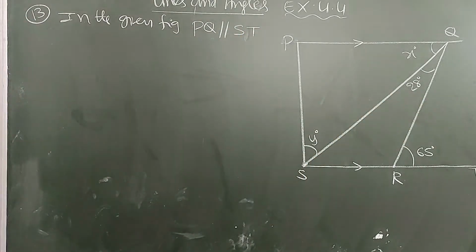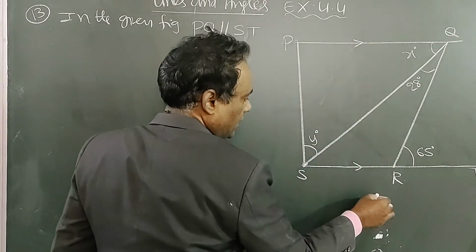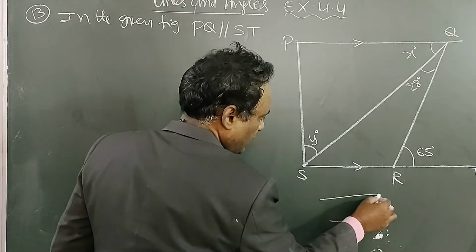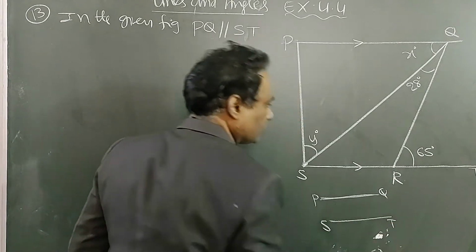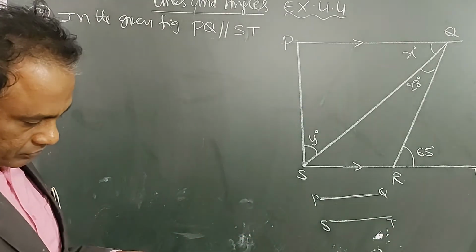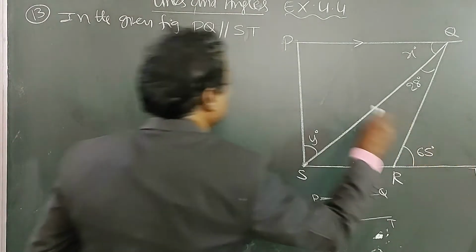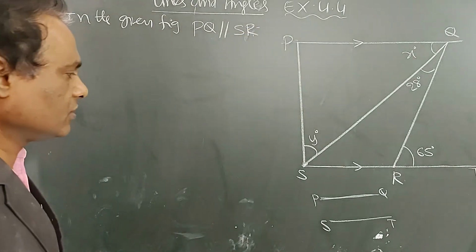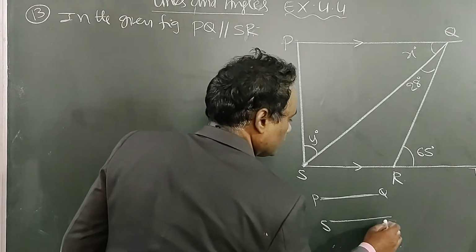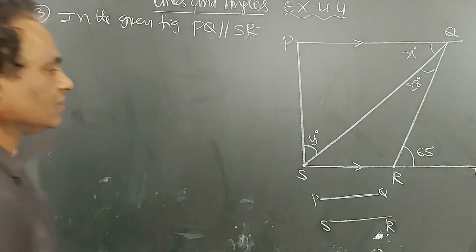PQ parallel to SR. See here students, only SR is written, Q is not mentioned. Okay, no problem. Same line, we can take any two points on the line. PQ is parallel to SR.